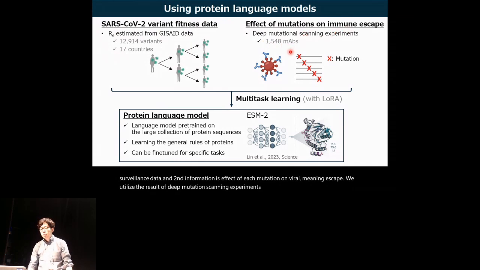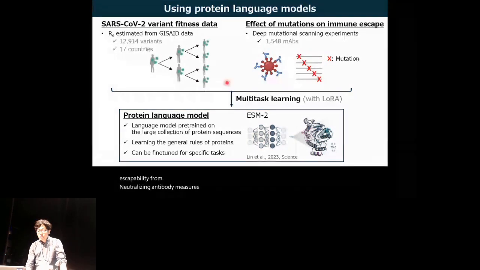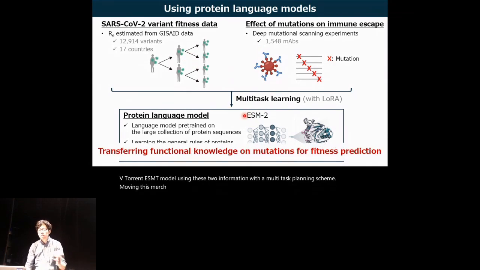In this experiment, all possible single amino acid mutations are inserted into the spike protein, and then the effect of each mutation on immune escapability from neutralizing antibodies is measured systematically. We trained the ESM2 model using these two types of information with a multitask learning scheme. Owing to this multitask learning scheme, we can transfer functional knowledge of mutations for fitness prediction.